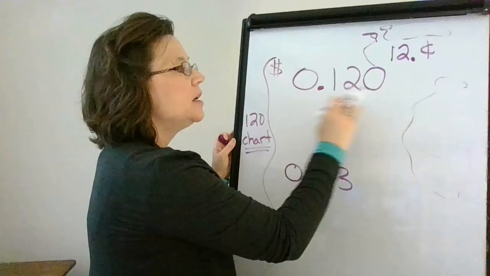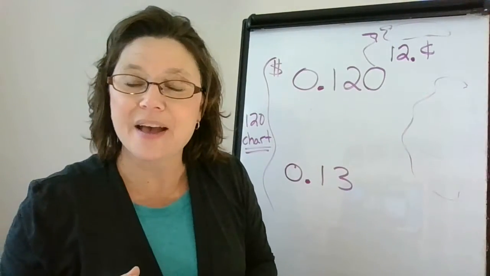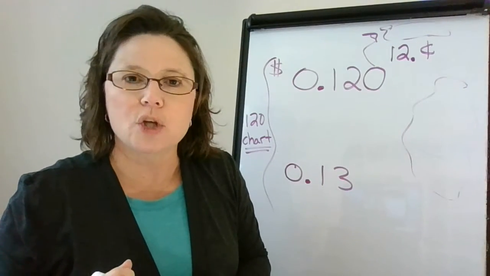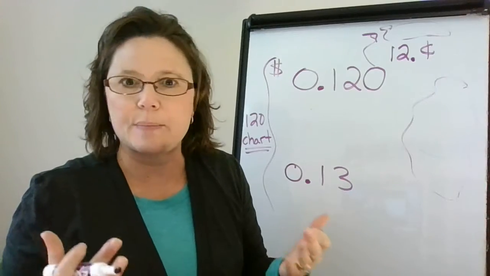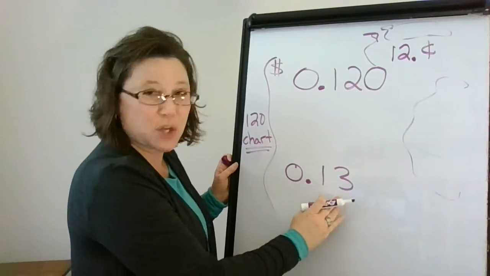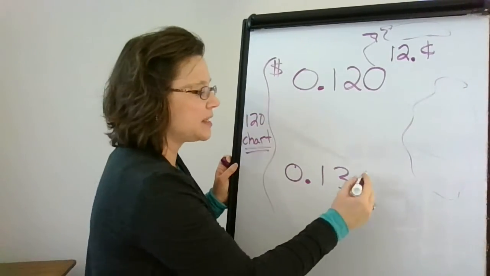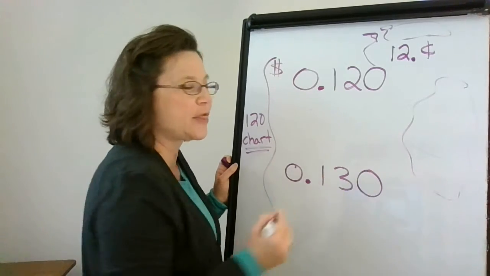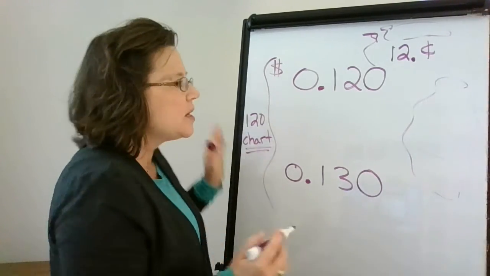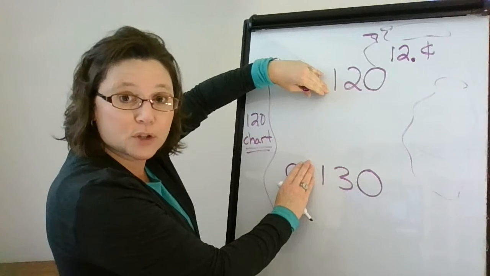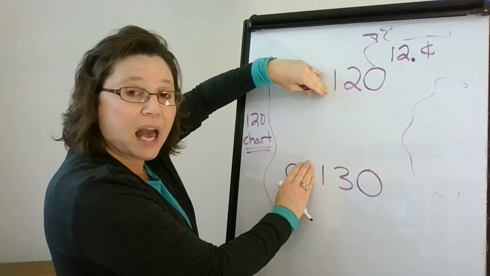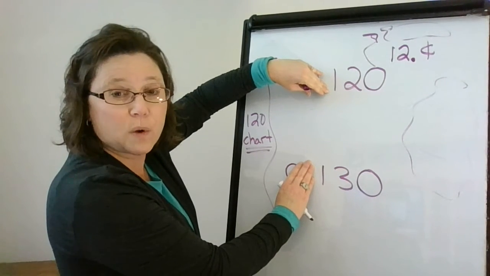So I've got 120 thousandths. So what would we think might come? Because we actually want to get to 1300ths. Well, how many thousandths would that be? Well, that's going to be 130 thousandths. So let's look at just the numbers 120, 130. How would you count from 120 to 130?